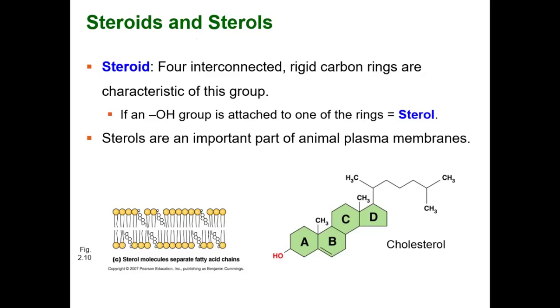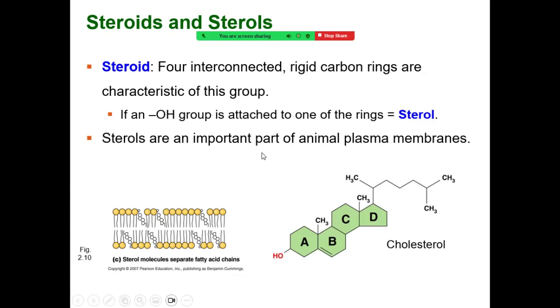A steroid is four interconnected rigid carbon rings characterizing this group. There's 1, 2, 3, 4 carbon rings. If the steroid has an OH group attached right there, we then call it a sterol.